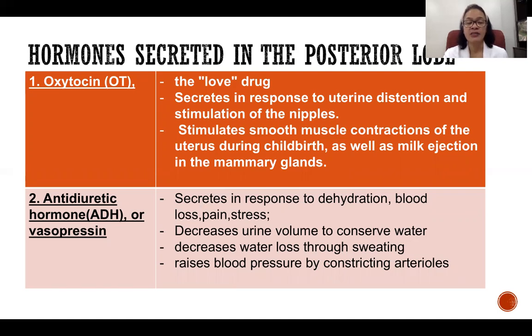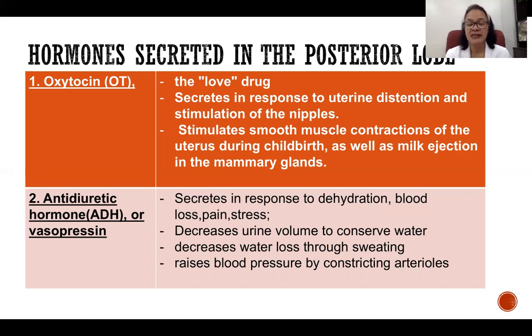So we have the oxytocin, which is the love drug, which is being secreted in response to uterine distension and stimulation of the nipples. It stimulates smooth muscle contractions of the uterus during childbirth, as well as milk ejection in the mammary glands.